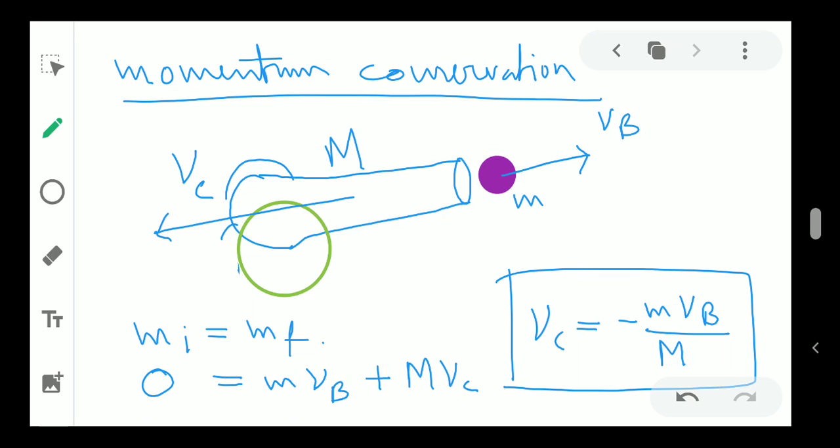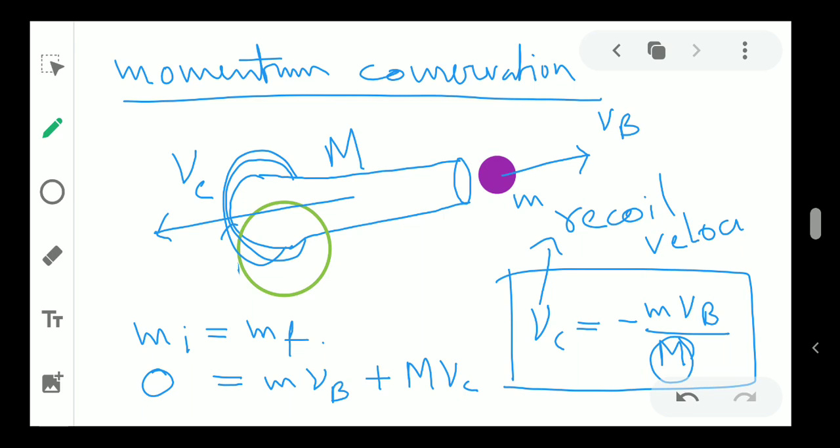So they used to add a lot of weight to the cannon, so that this M is bigger, and that's why this fraction will be smaller. So v_c, that is the recoil velocity, this thing is called recoil velocity. This recoil velocity will be less in that case, and the people who are firing will not have any risk of injury. So this is basically what we have been talking about, momentum conservation.